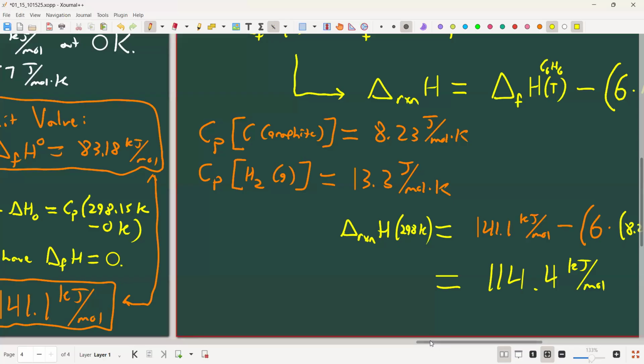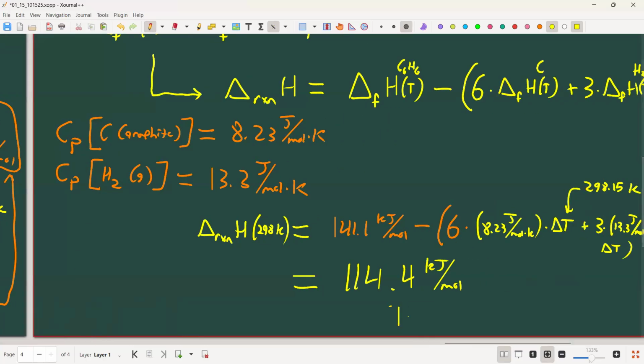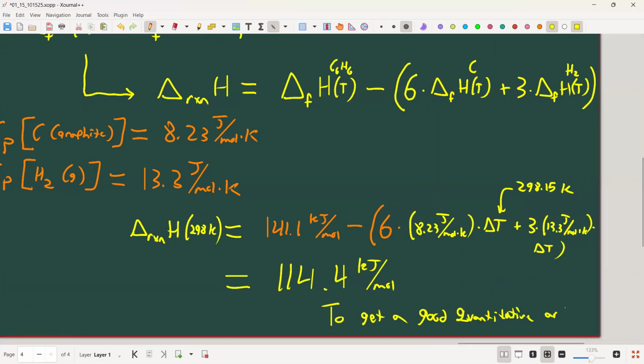All right, so to get a good quantitative answer, we need the functions Cp that are functions of T. We need functions, right?